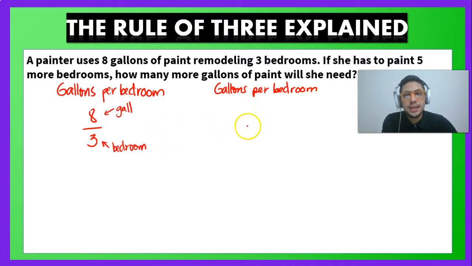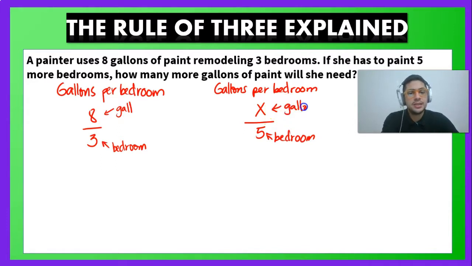Now we're given that it's 5 more bedrooms, so it's in the denominator, but we do not know the amount of gallons of paint that she's going to use. So we're going to call it X because it's an unknown value. We do not know the amount of gallons, right?